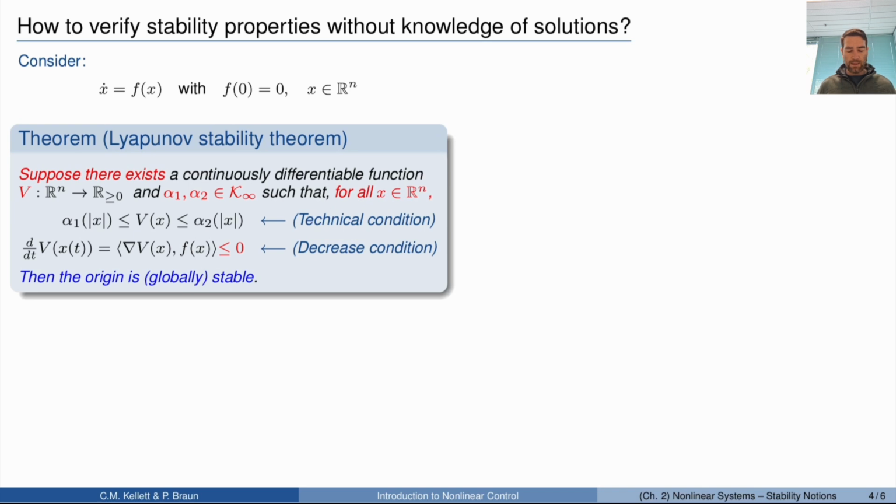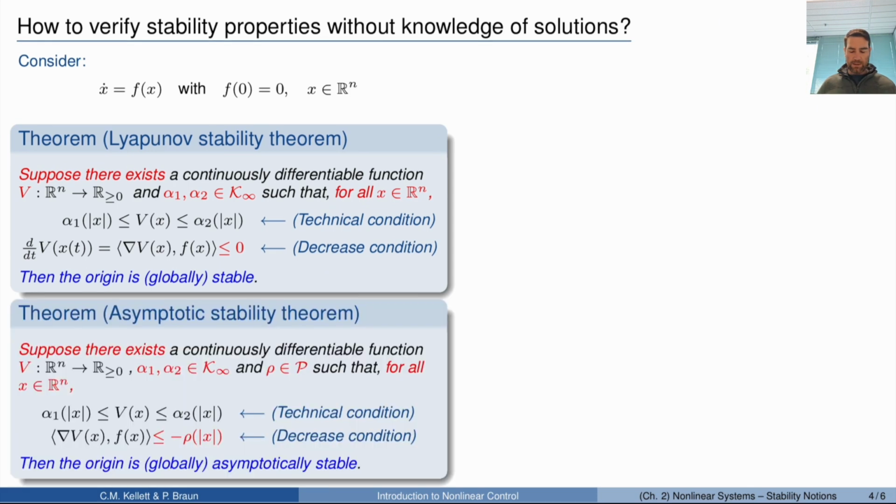And while it looks like it depends on the solution, the actual expression which we need to evaluate is independent of the solution, meaning we can simply calculate the gradient of the function V, multiply it with f of x, and verify that this inequality is satisfied for all x to be able to conclude stability.